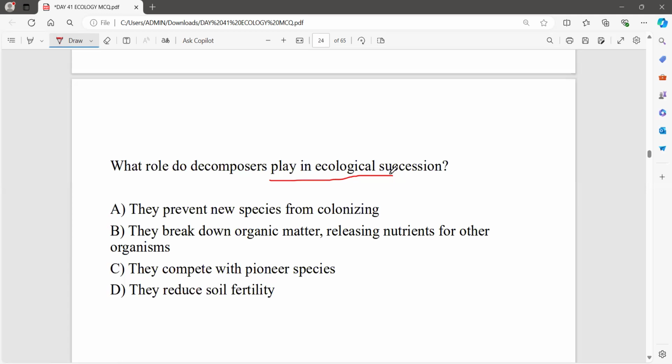What role do decomposers play in ecological succession? They prevent new species from colonizing. They break down organic matter, releasing nutrients for other organisms. They compete with the pioneer species. They reduce the soil fertility.